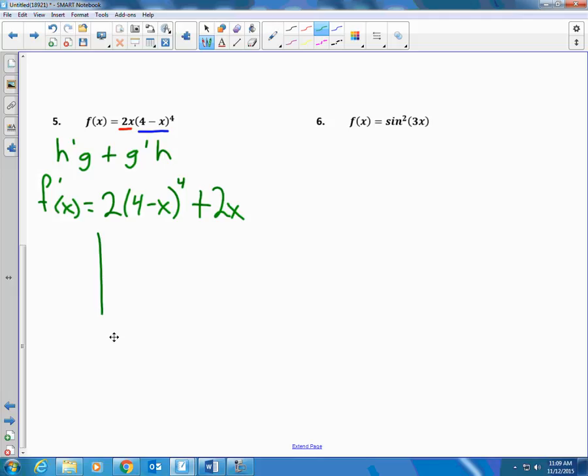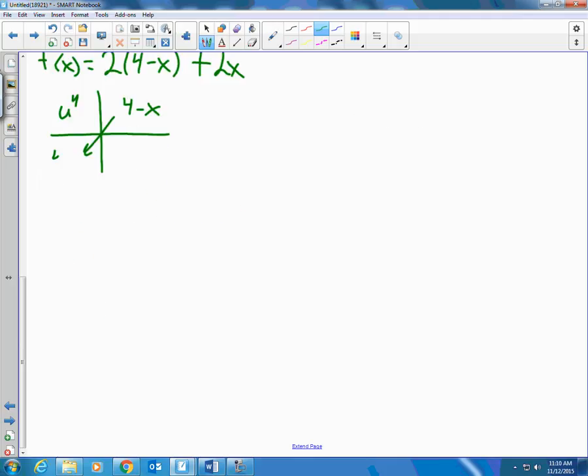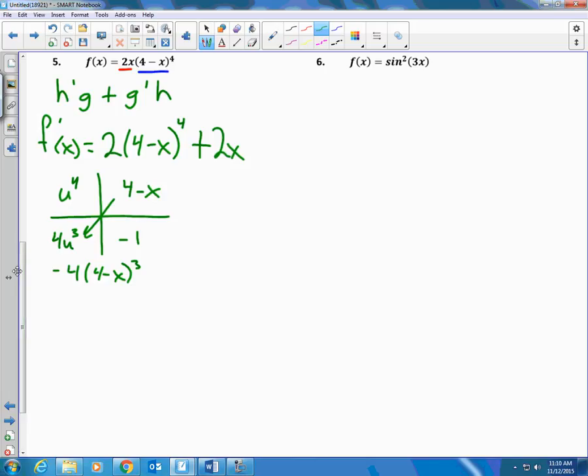Chain rule. What's the inside? 4 minus x. What's the outside? What's the derivative of u to the 4th? What's the derivative of 4 minus x? Multiplying, we get negative 4 times 4 minus x to the 3rd power. So that's what goes here. That was my g prime.